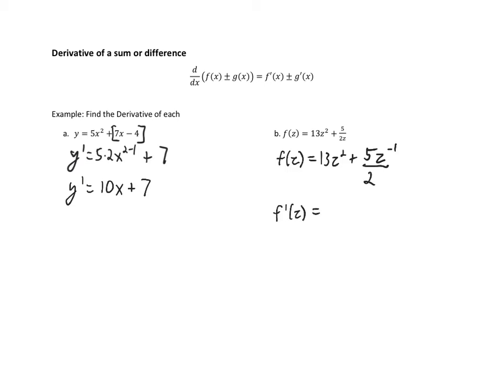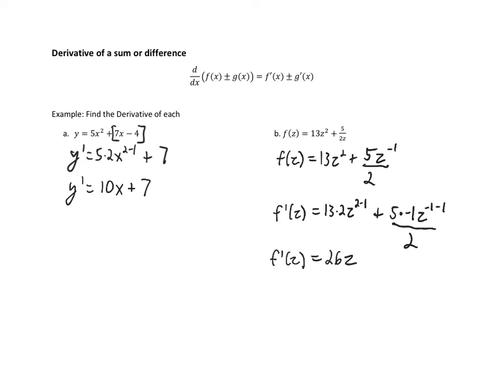F prime of z equals 13 times 2z to the 2 minus 1 plus, if I drop down that negative 1, 5 times negative 1 z to the negative 1 minus 1 over 2.